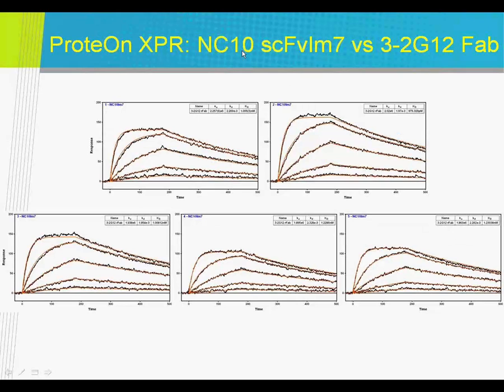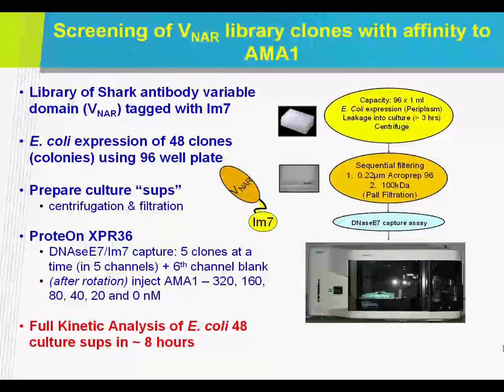And we were keen to look at their kinetic profile, and we were keen to do it in such a way that we don't need to purify these clones. So the whole idea was to take the phage clones, clone them into bacteria, and then grow them. In this case we took 48 clones. We basically picked the colonies, grew them in these 96-well plates.